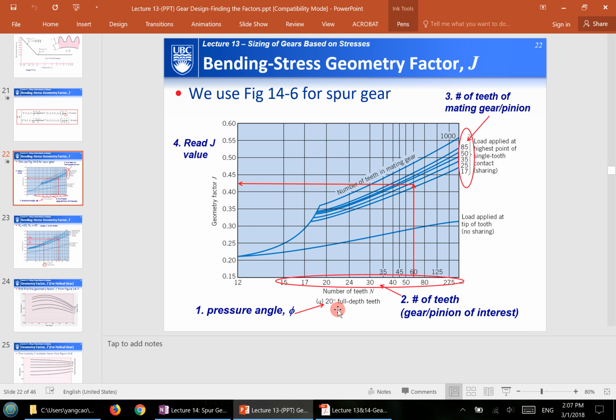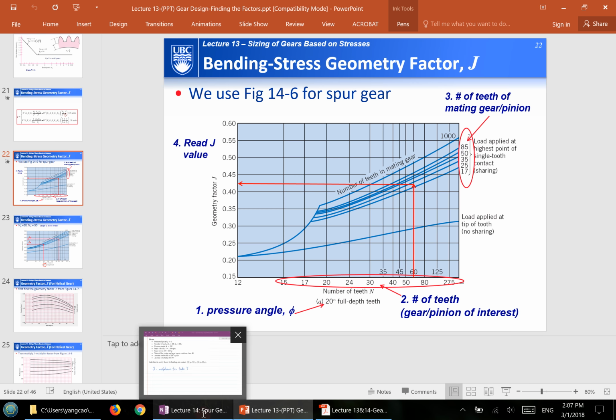First, identify the pressure angle. Second, you have a pinion and a gear, so we're going to find two J values, one for the pinion and one for the gear. To find either one, the bottom row is the number of teeth for the gear or pinion you're trying to find the J value for.